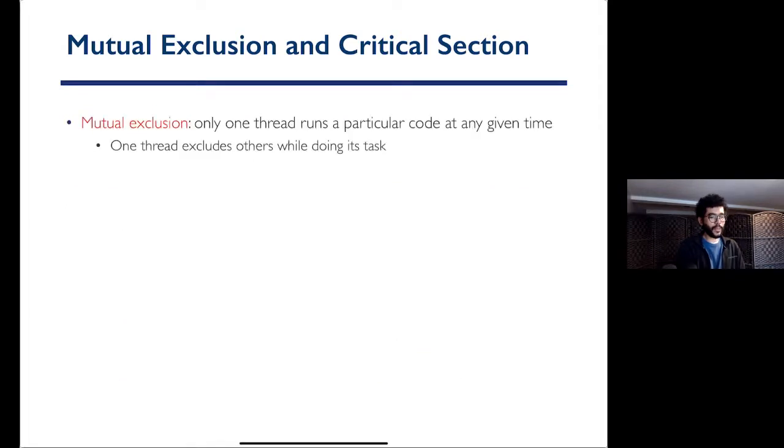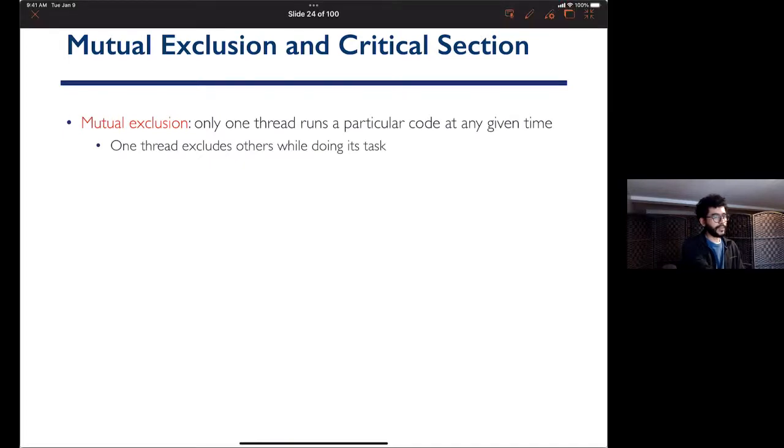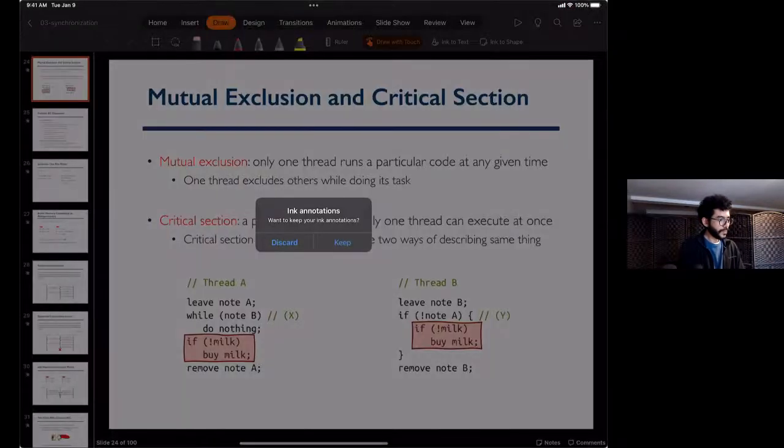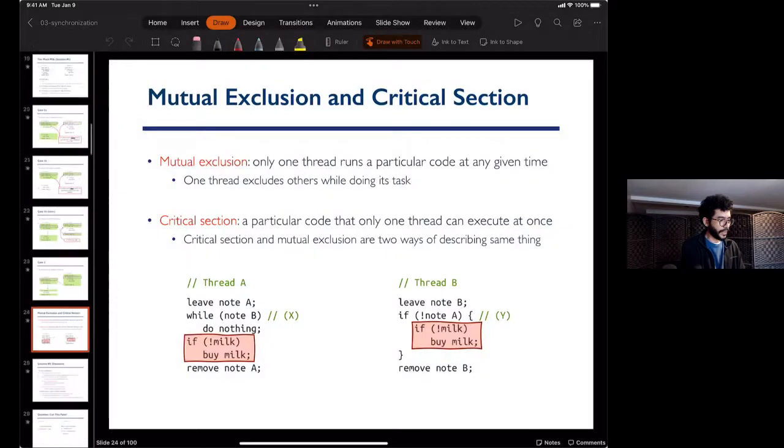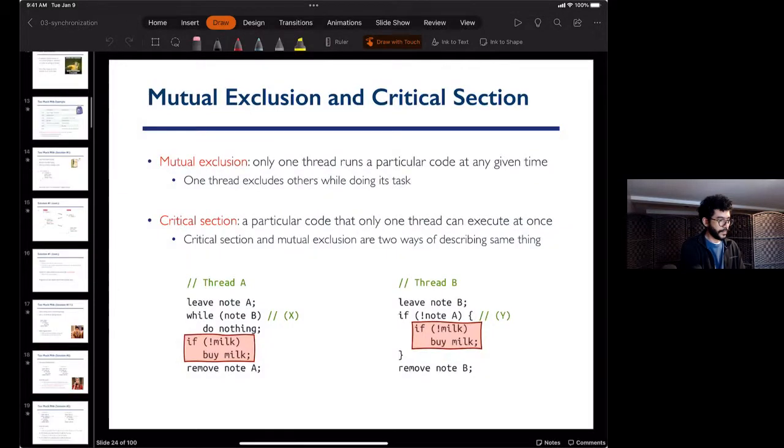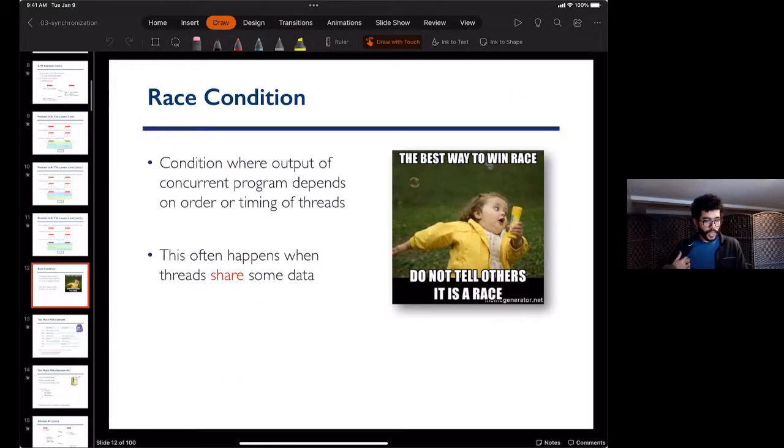So when I defined race condition, where was it? Here. So here, when I was defining race condition, I said race condition is basically a condition where the outcome of your concurrent program depends on the order and the timing of threads.